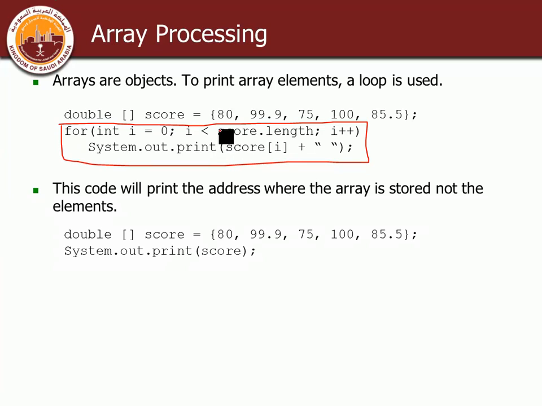You might change the name of your array to any array that you used, but this will work with any size of your array, with any value, because it depends on the array. If it's int and the name of your array is something else, you put something else, and depending on the size, it's going to work regardless of how many items you have there. It's going to read them all from 0 to the last one, which is length minus 1, and then display it.